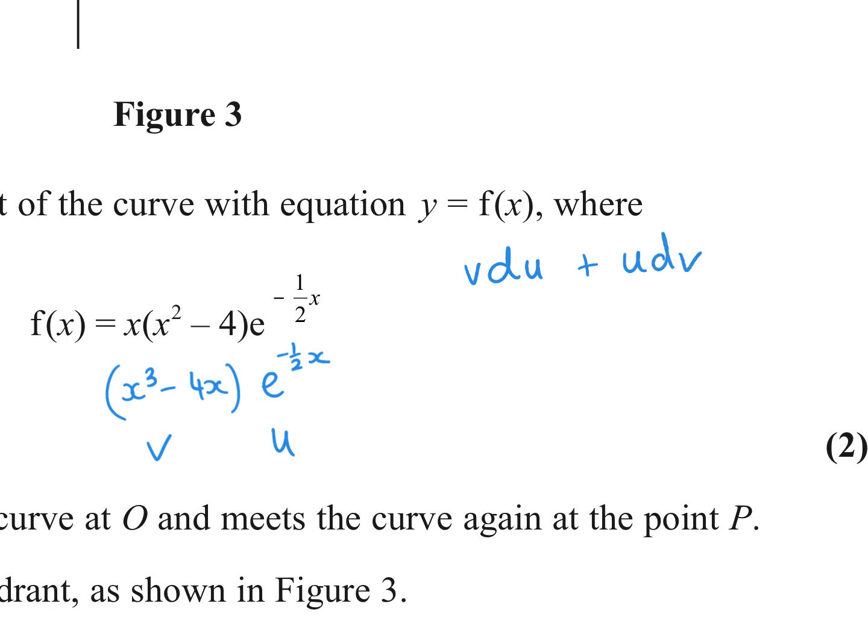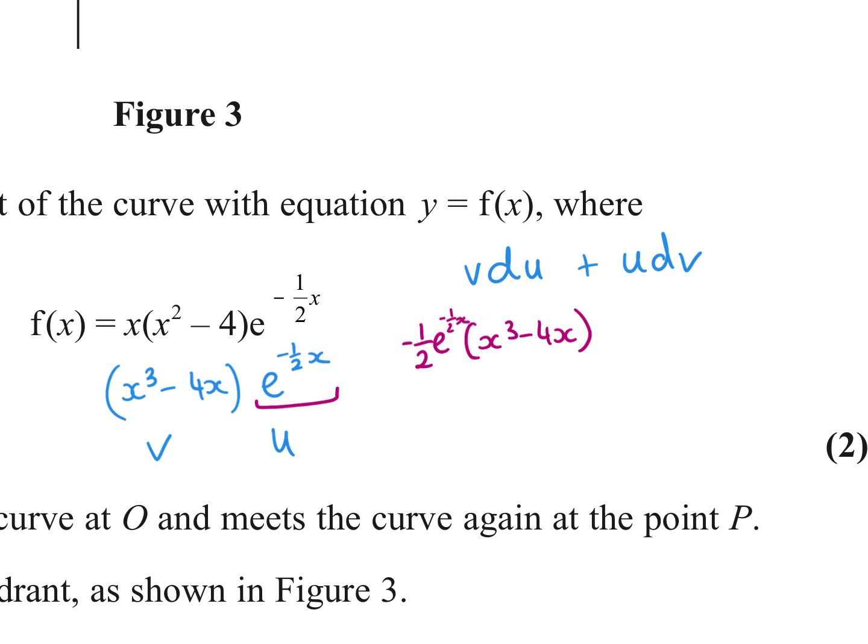So let's do this. So what is my v? x cubed minus 4x multiplied by the differential of u. If I differentiate e to the minus a half x, I get minus a half e to the minus a half x because we multiplied by the differential of the bracket.